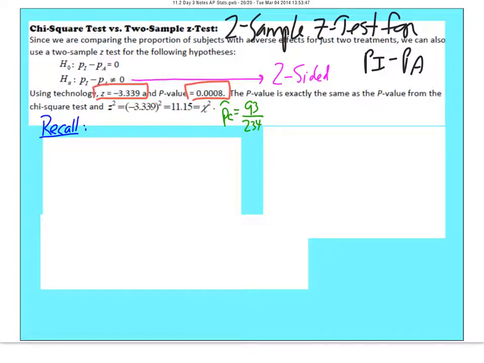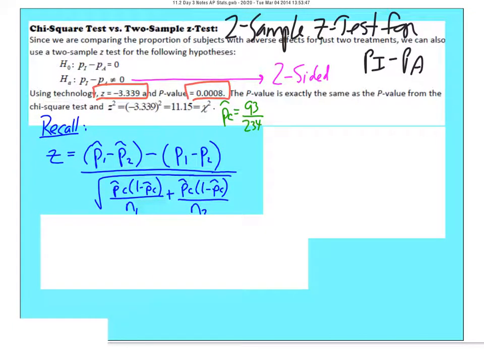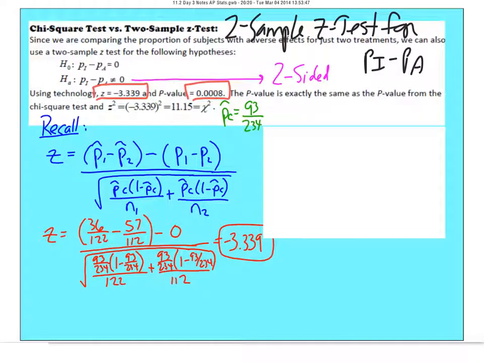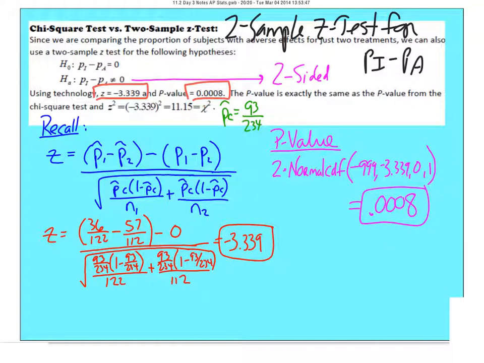Now, if you want to see it by hand again as a nice recollection, recall the formula. The test statistic for the difference of two proportions was kind of a beast. Remember, that's the one that used the pooled proportion down here. If we put the corresponding percentages in there, we are going to get the actual z-score of negative 3.339, which is what they got with their calculator. If we compute the p-value for that, it's a two-sided test.